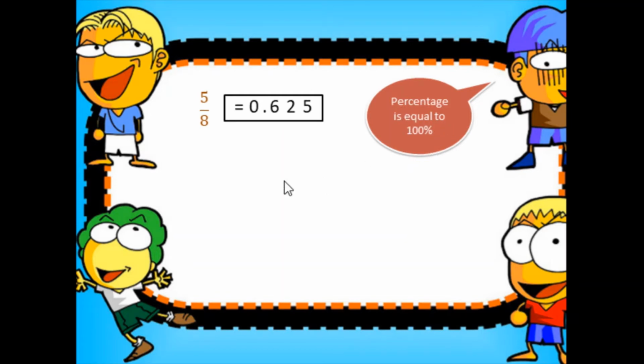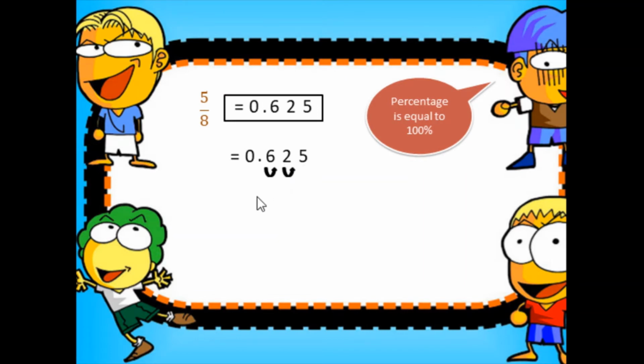So we move 2 decimal places to the right from the decimal point. Very good. So let's move. 1, 2. So at this time, the decimal point is already at... Okay, good job. It's between 2 and 5.